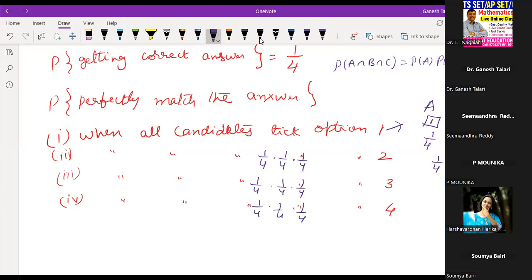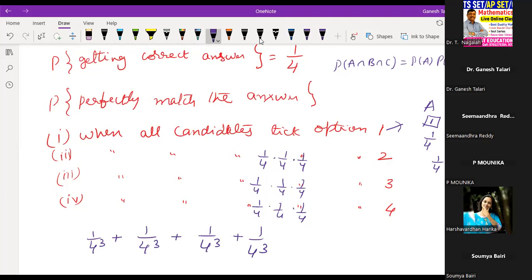Okay. So, because they are independent, I can say that 1 by 4 cube plus 1 by 4 cube plus 1 by 4 cube plus 1 by 4 cube.